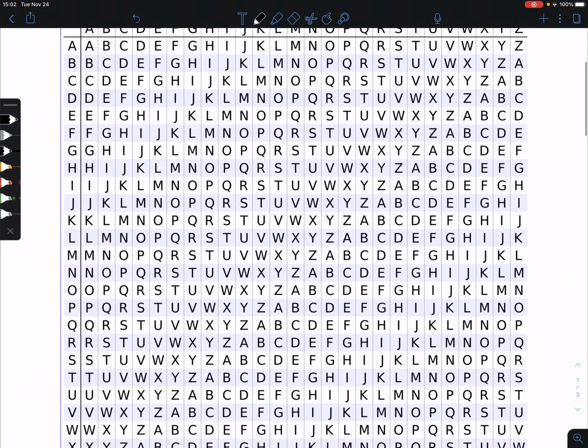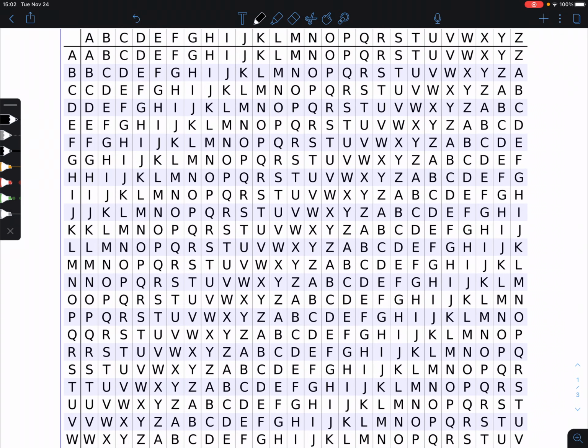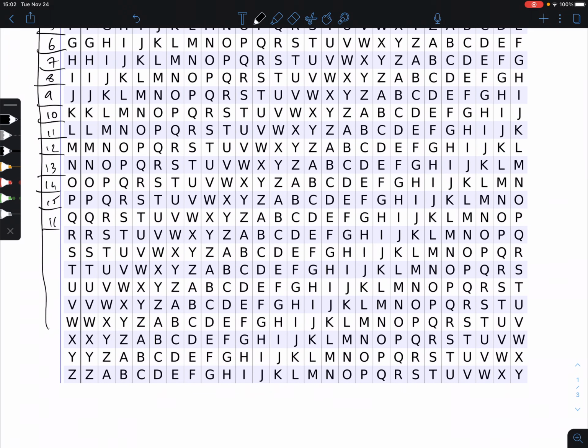Well, I have here an alphabet, and there's a reason I have it this way. It also allows me to quickly calculate all the values here: 3, 4, 5, 6, 7, 8, 9, 10, 11, 12, 13, 14, 15, 16, 17, 18, 19, 20, 21, 22, 23, 24, and 25.